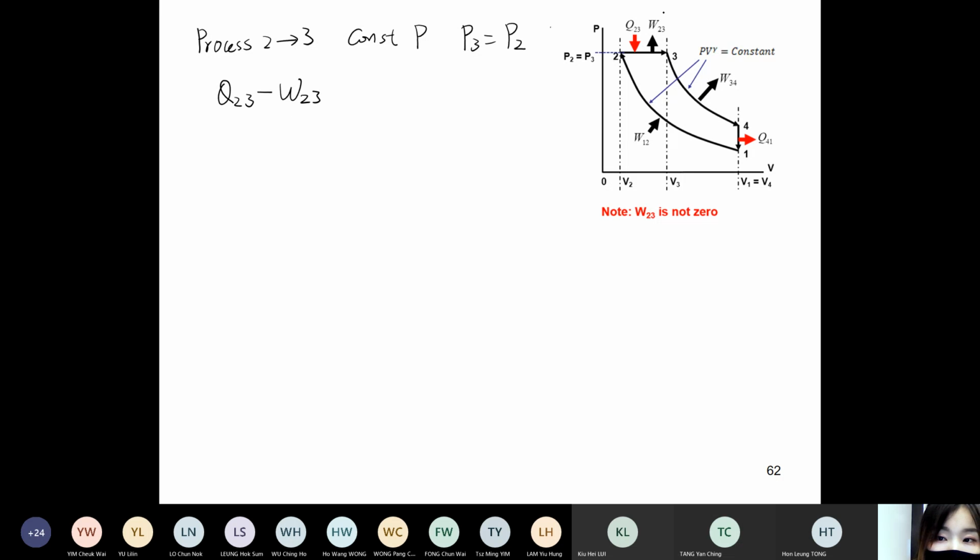Pay attention. We have work output during this process because it is constant pressure. We have movement of the cylinder, so we have work output.